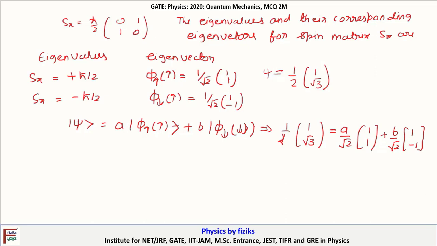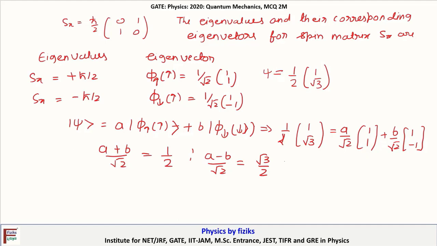That means we have a plus b by root 2 is equal to 1 by 2 and a minus b by root 2 is equal to root 3 by 2. We have to determine the value of a.